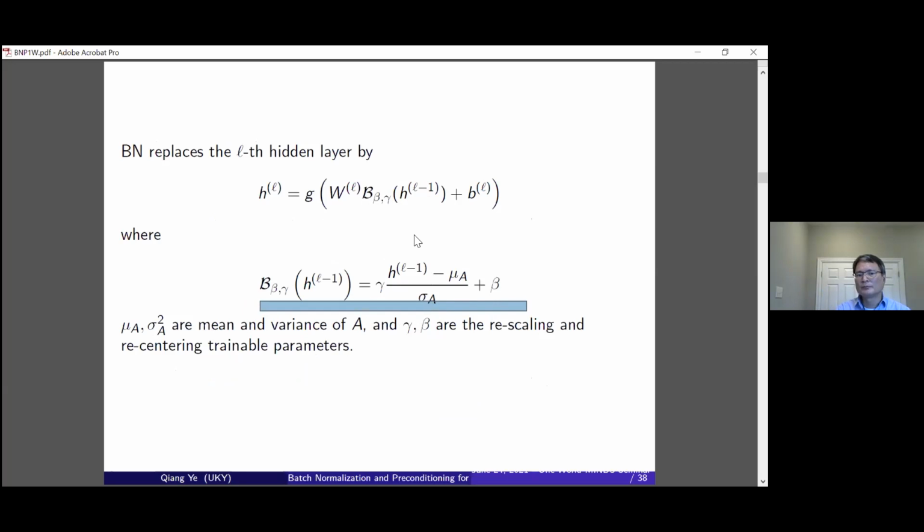BN also recognized that the ideal input may not be the normalized variables. So it has additional variables gamma and beta to rescale the input to have variance gamma and shift the center to beta. With this transformation, when you change the mini batch during training, the mean and variance of the variable going into the weight are not changed, other than through the change in beta and gamma.